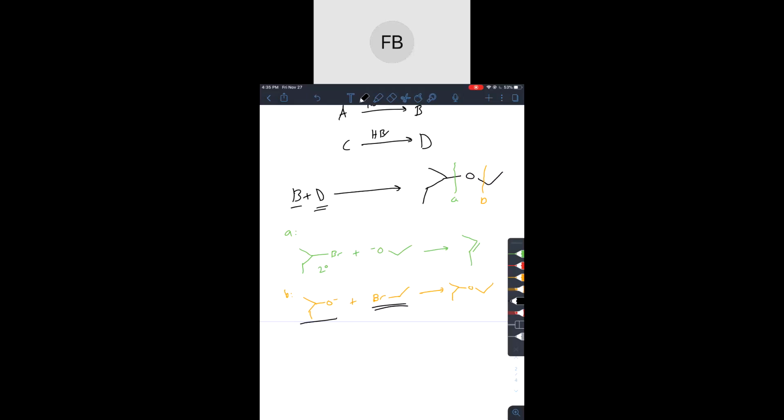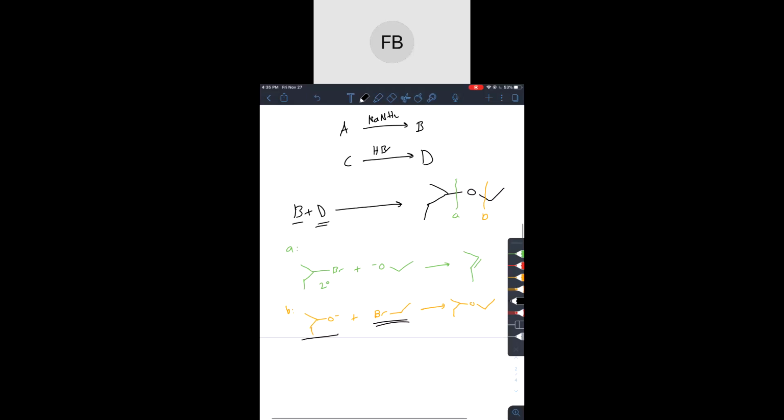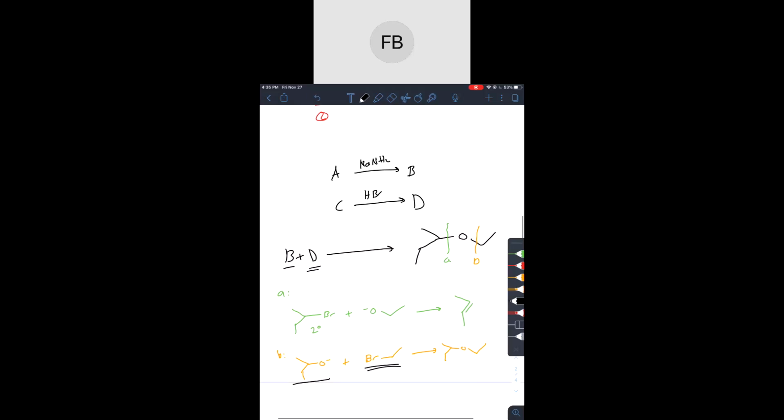And since he wrote in the instructions that compounds A and C are alcohols, you just add an OH instead for A and C, but with the same lines. Since we know that D is the one with the Br on it, D is going to look like this. All we have to do is draw the same thing but with an alcohol right before it.